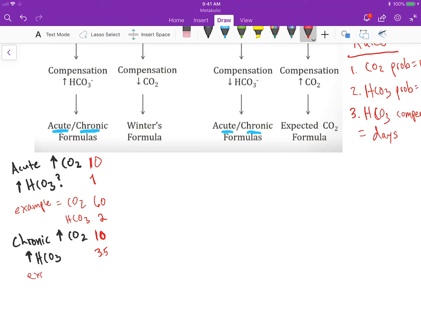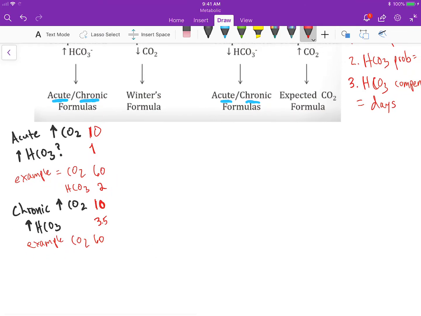So example, again, CO2 is 60, then we should get an increase in bicarb of 7, because again, that's a 20-point change from baseline. And that's what we're predicting, okay?